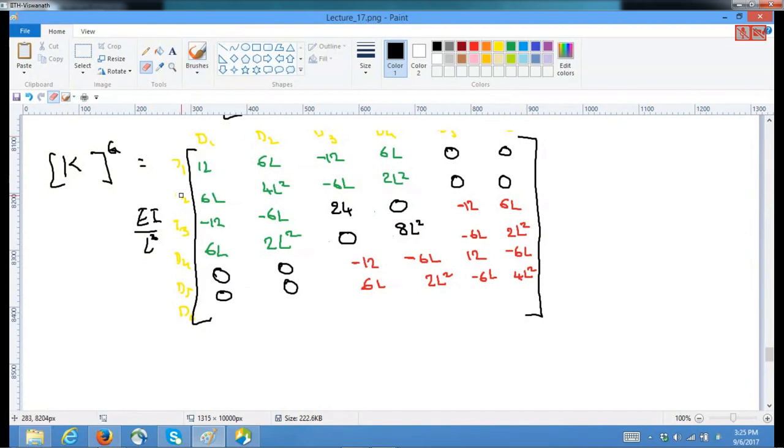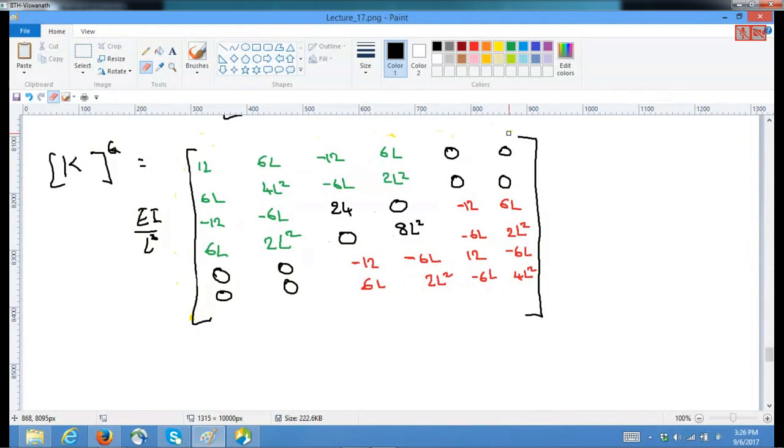This D1, D2, D3, which are written, is only for our guidance, so that we know where we are making our entries. So I'm removing the guide columns just to show that this is my entire stiffness matrix.